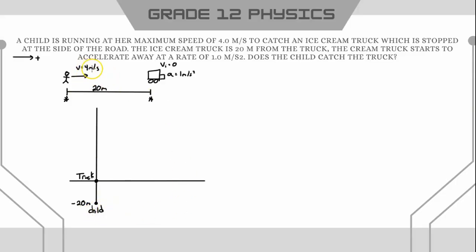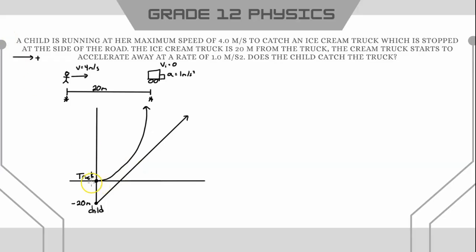Now the child is going to move at a constant velocity, not accelerating. So their motion on our position time graph is linear, and it's a positive velocity, so it's going to look something like this. Now the truck's motion, because it's accelerating, is going to be curved. But here's the question. Is it going to curve something like this, in which case they actually never meet?